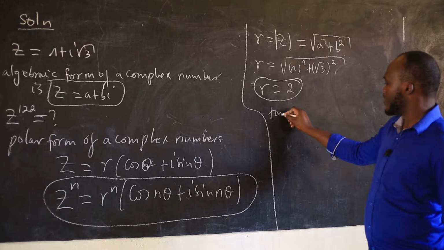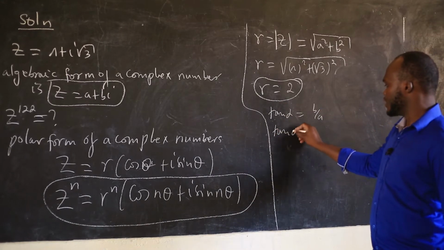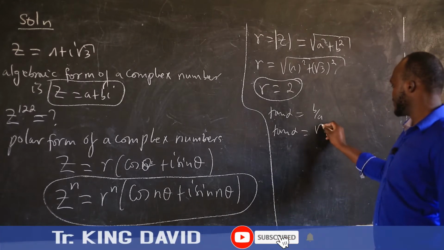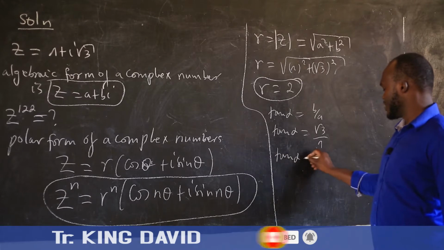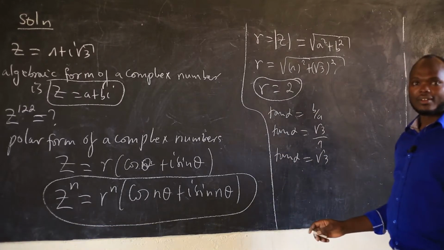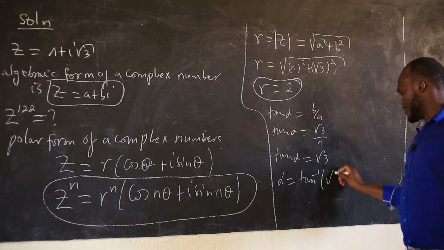Then what is the argument of z? We have tan alpha equal to b over a. Then tan alpha equals root 3 over 1, so tan alpha equals root 3. So what is alpha? Alpha is tan inverse of root 3.